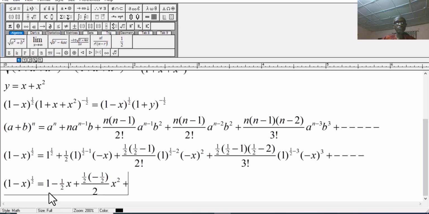So plus 1 over 2, the next one we have minus half over 2, then minus 3 over 2 over 6, since 3 factorial gives us 6, and then we have minus x to the power of 3.